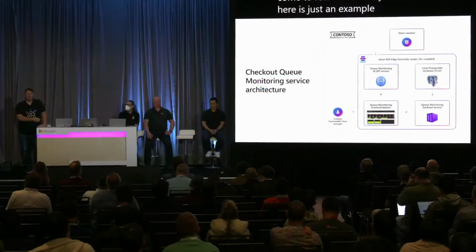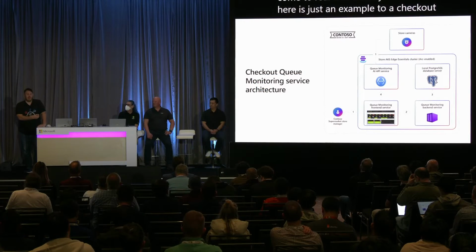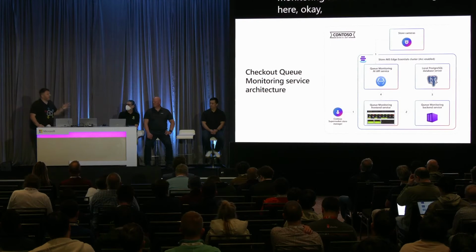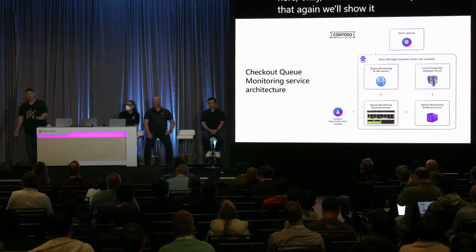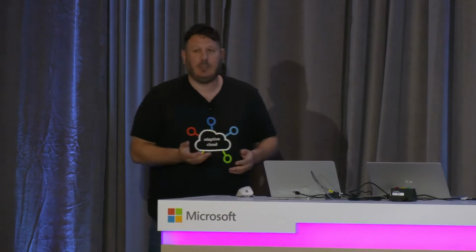What we're doing in this evaluation experience is simulating a store, a supermarket. Usually when you think about a supermarket, the first thing that comes to mind is not AI. But if you start thinking about the use cases underneath something kind of legacy like a supermarket, there's actually a lot of interesting stuff.